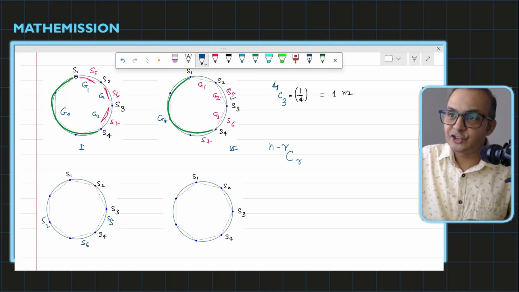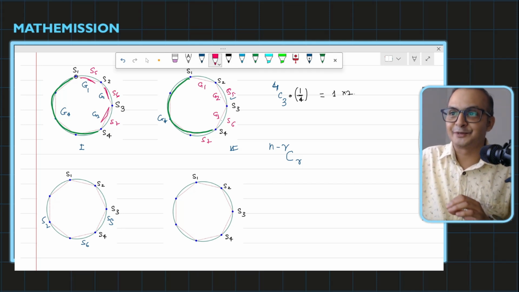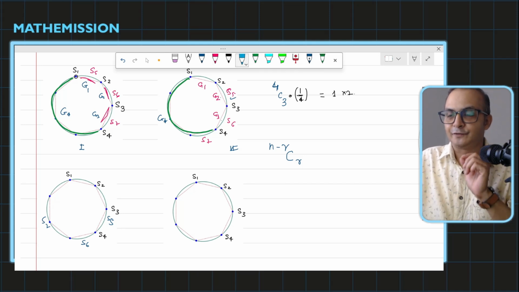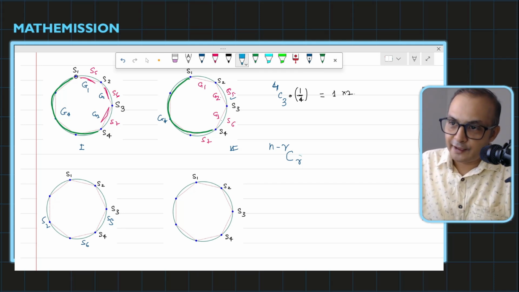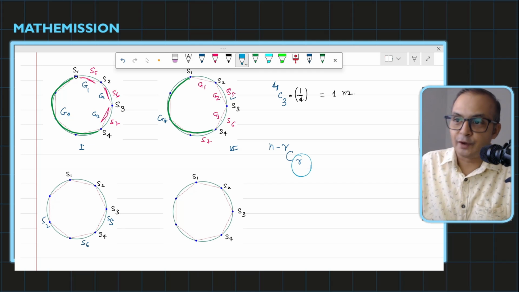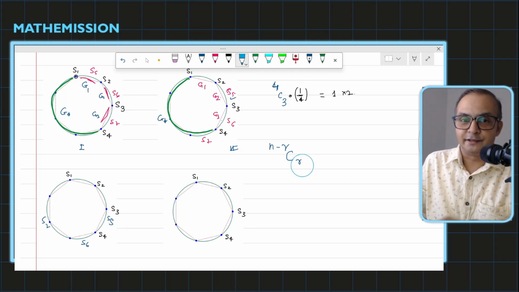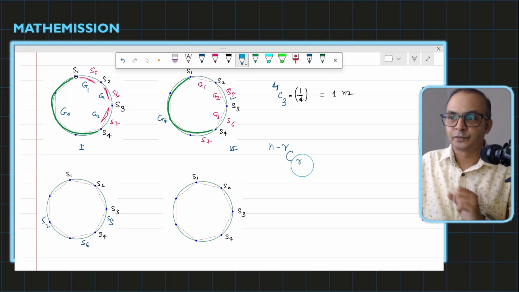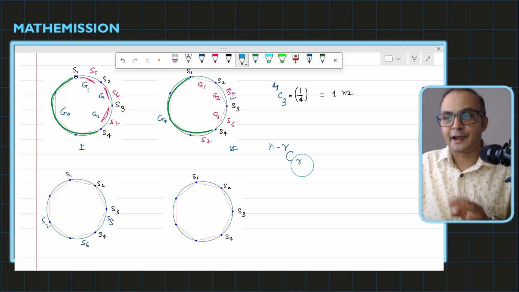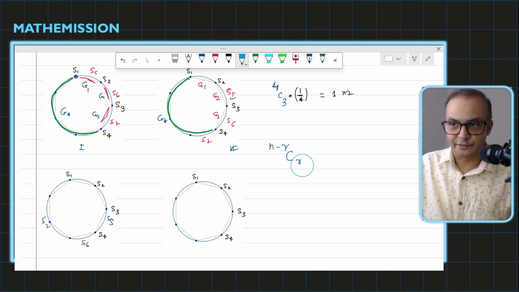But for each, let me repeat again, please understand very carefully what I'm saying: for each R choices, we are counting each choice n minus R times.